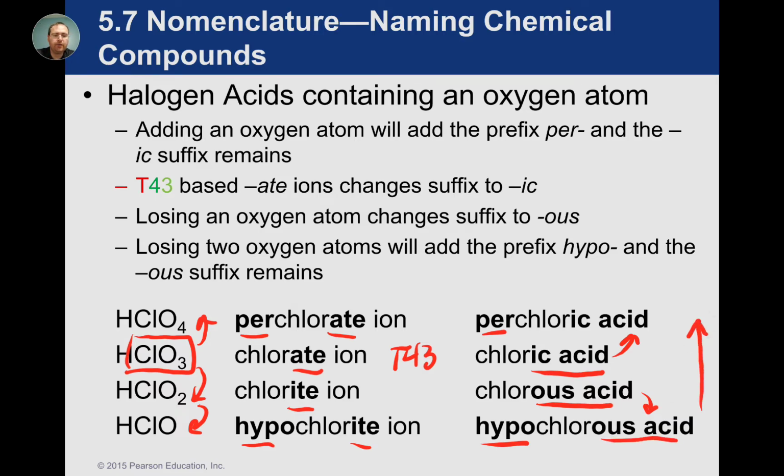Oxygens are still up. It's just that when you're at the highest oxygen content possible, we add per, just like peroxide has an extra oxygen, so to speak. If we're at the lowest amount of oxygens possible, which in this case is only one left, we get this hypo prefix. So use T4-3 and then either go up for extra oxygens compared to T4-3 or go down either once or twice to deal with fewer oxygens than T4-3.